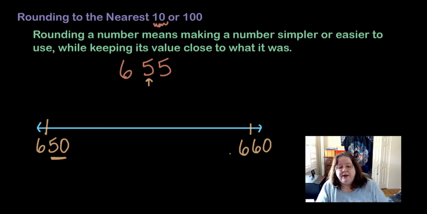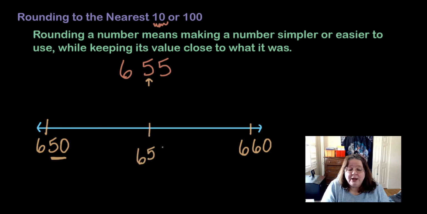660. And if I know that halfway between 5 and 10 is 5, then I can determine that halfway between 650 and 660 is going to be 655. That's using what I know to figure out what I don't know.